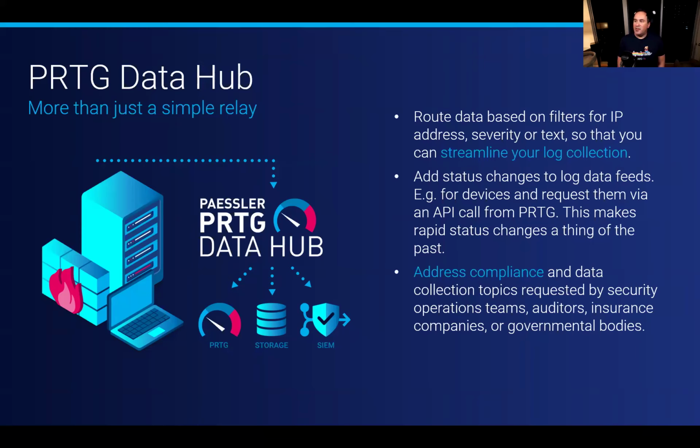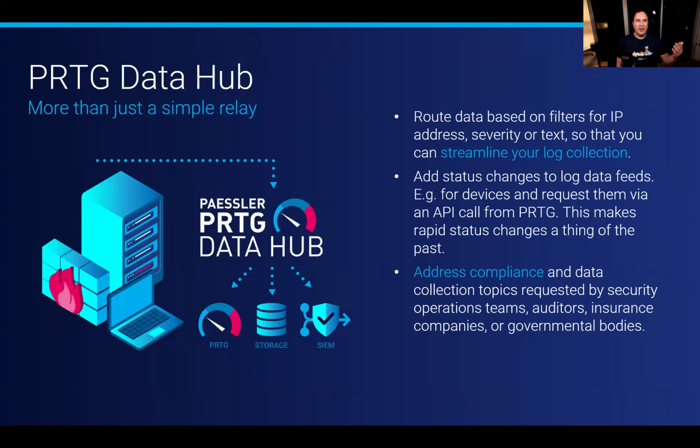And of course, it lets you take logs from PRTG itself. So we have a new feature I'll talk about for audit logging that makes that nice and easy. Potentially your security team would be interested in that, and it really allows you to make sure that you have the right data visible to the right teams to troubleshoot issues quickly. This can also do a really interesting thing, which is it can send status changes.